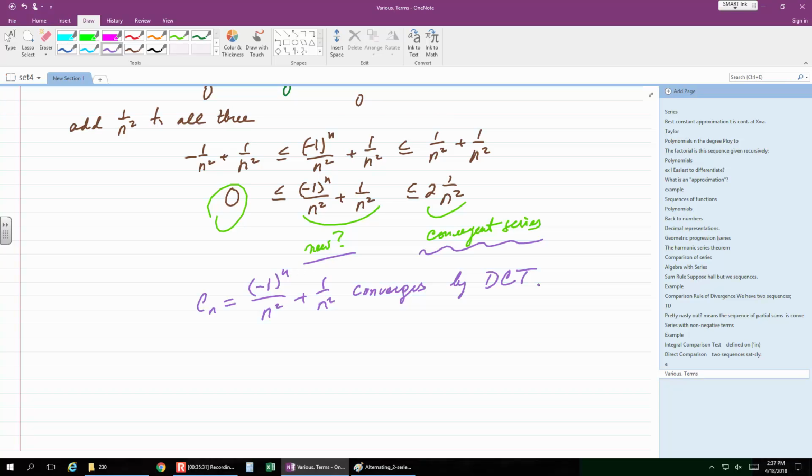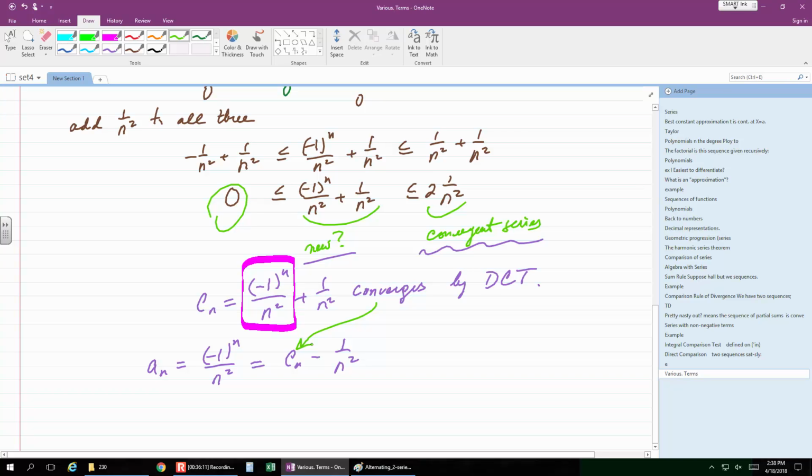So how does that help? Our interest is not this series, but rather this one. Fortunately, simple algebra will give us the answer, because our series an, equal to (-1)^n/n squared, is in fact equal to Cn minus 1/n squared. Both of these series are convergent: Cn is convergent, and 1/n squared is also convergent.